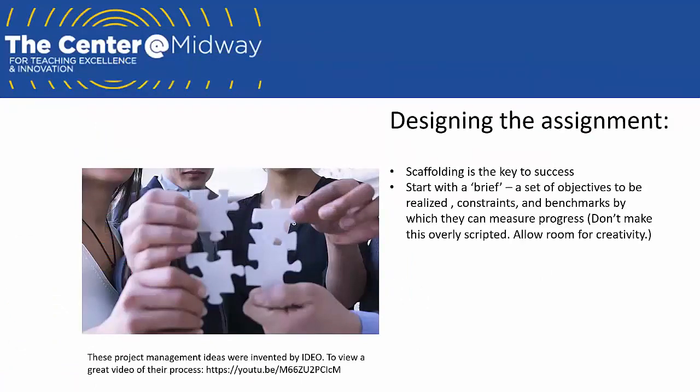So in other words, start with some sort of a brief: a set of objectives to be realized, constraints that you would like them to obey, and benchmarks throughout the semester so that you see that they're doing the work and they're kind of forced to do it in stages rather than putting it all off to the end.